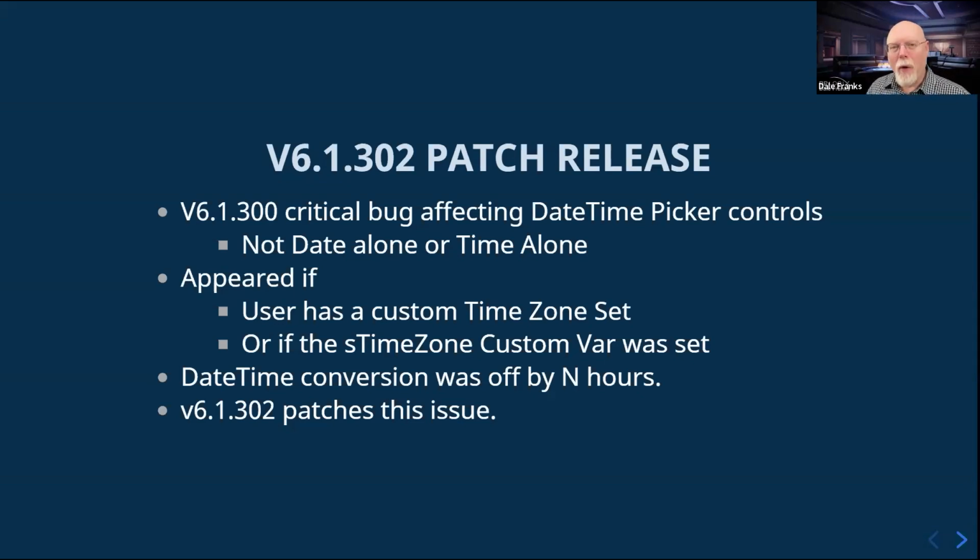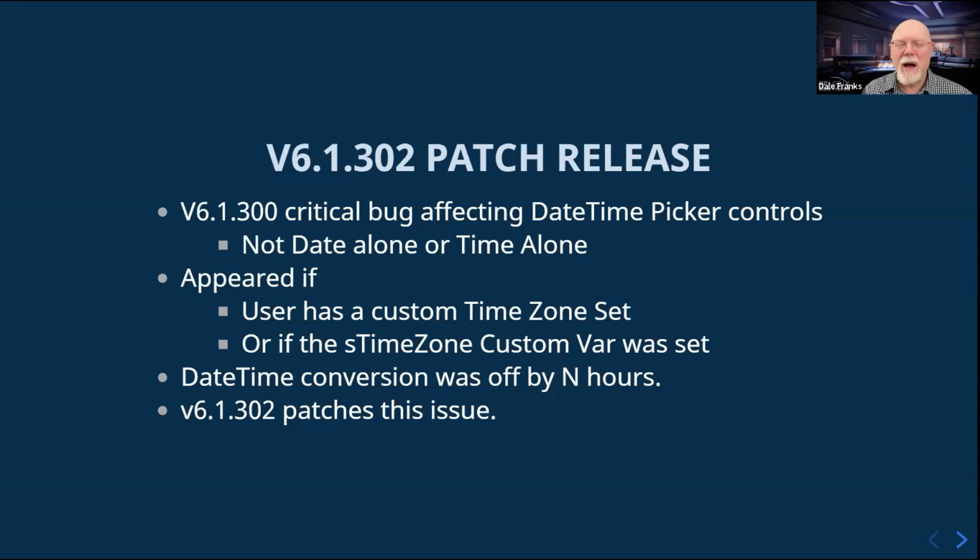So for the date-time control, if your user account had a custom time zone set, or you had used the S time zone custom variable in your VARS files to set a default time zone, there was a date time conversion problem for date time picker controls under those circumstances.